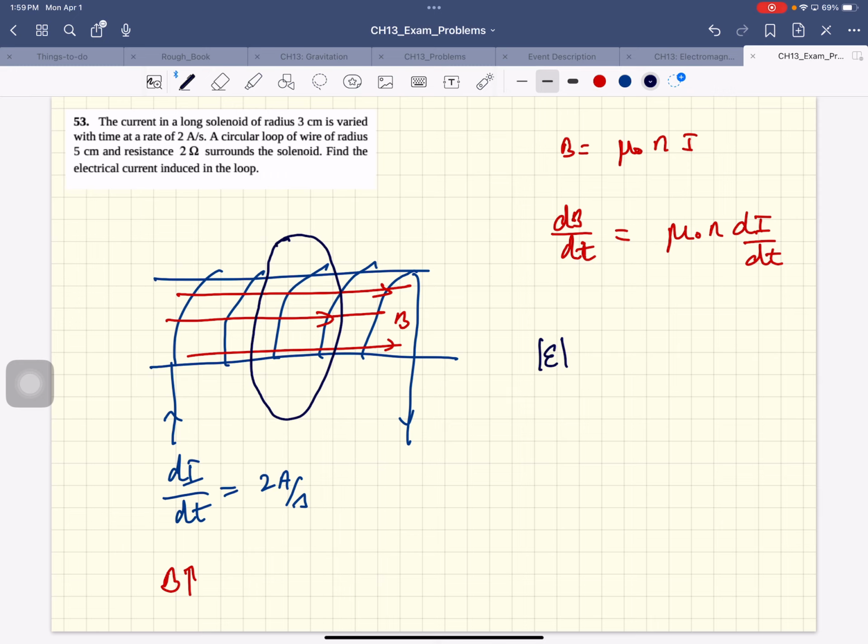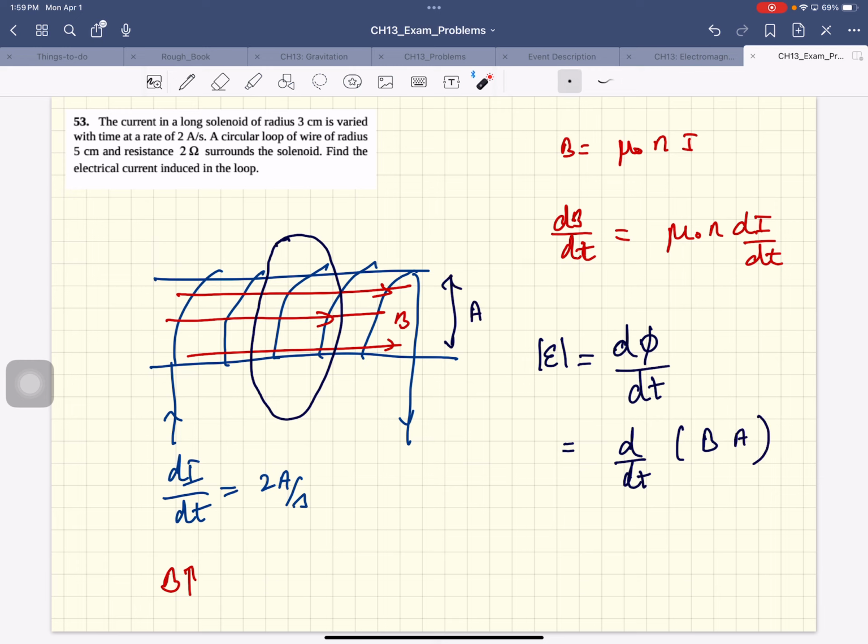The EMF induced in that wire is d phi by dt.